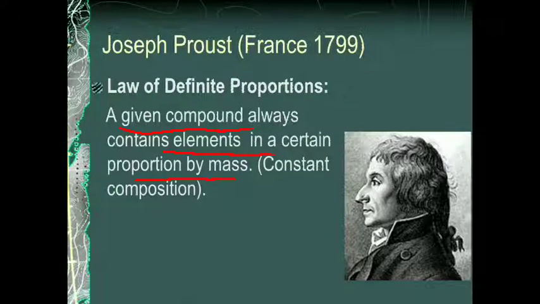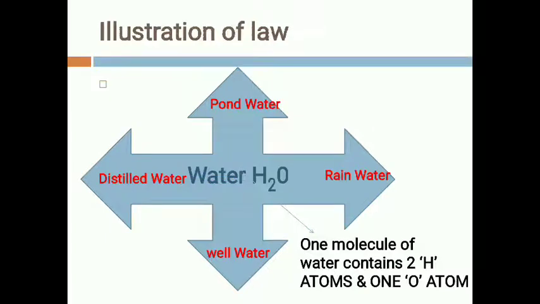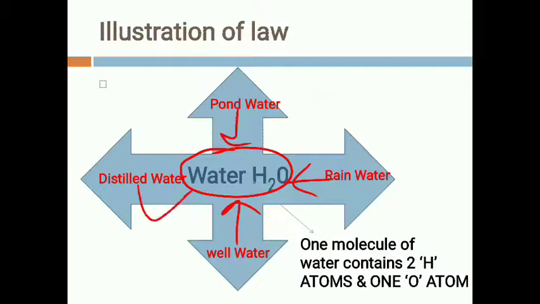So let us try to understand it with some examples. The first example is water. We can talk about any sample of water, whether you obtain it from pond water, rain water, well water, distilled water or sea water. From any method, process or sample of water, its formula is always H2O.